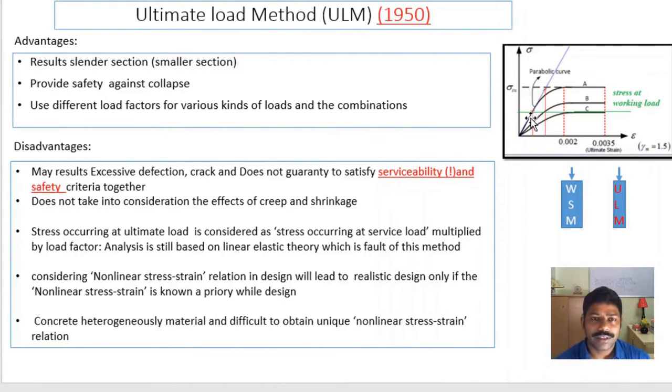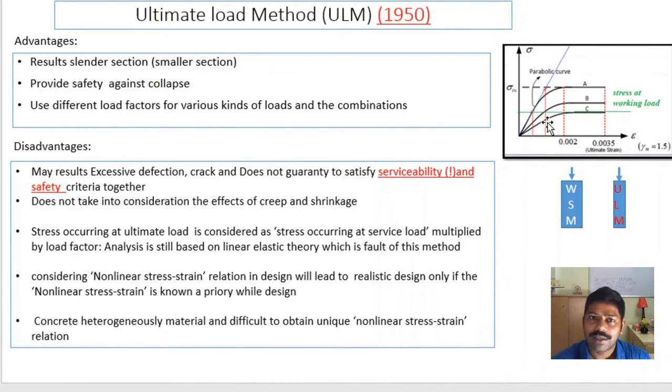Here you can see this example. Initially we calculate all the stress here and then multiply, so it will reach somewhere here, and according to that we do all the calculation. We calculate the stress and the strain. So the strain will be somewhere here based on linear elastic theory at the ultimate load using the ultimate load method.